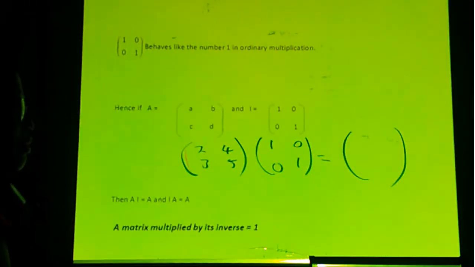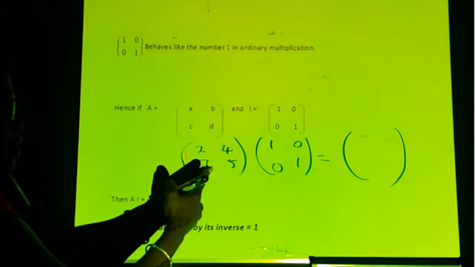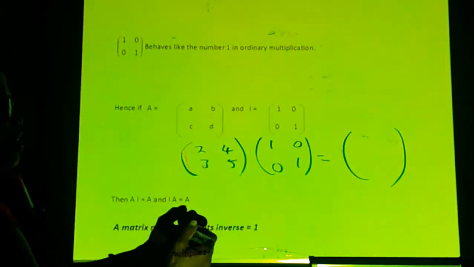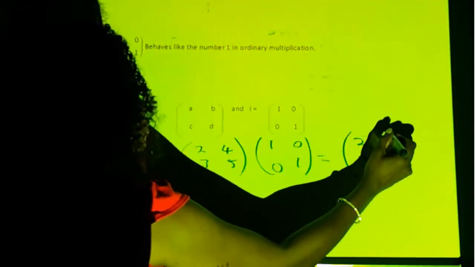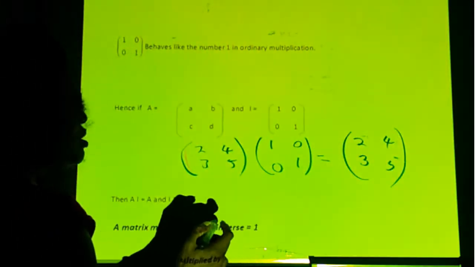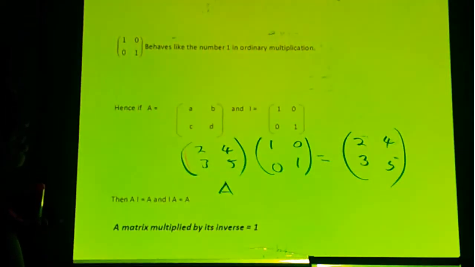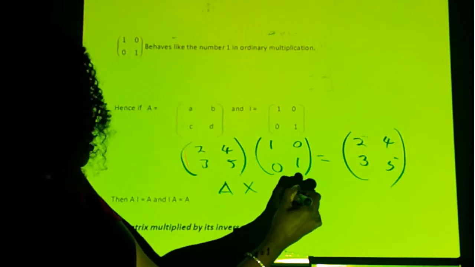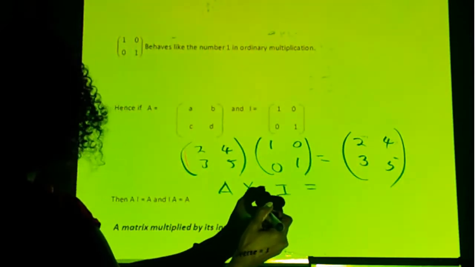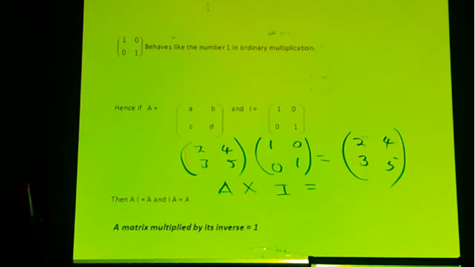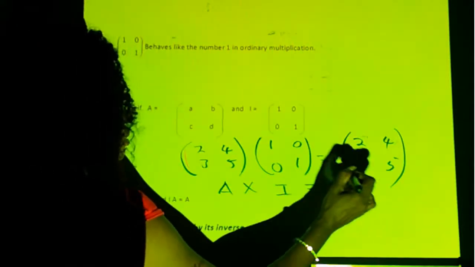What do you think? Yes, you'll get back the given matrix 2, 3, 4, 5, because a matrix times its identity will always give me back that matrix.